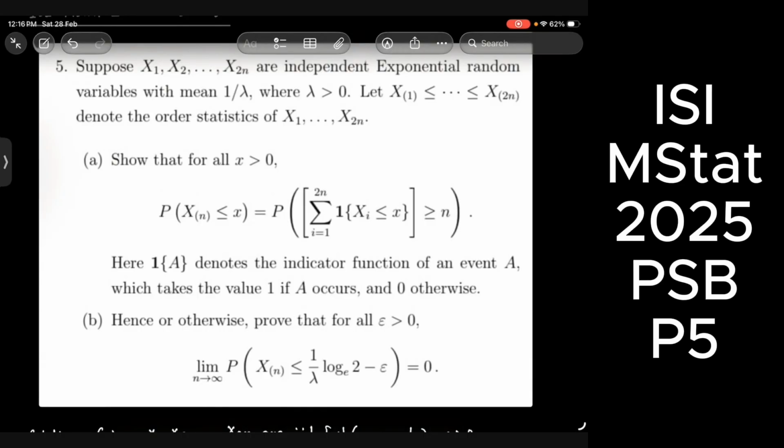Okay, Shantanu? Yes, no. What are you saying? Actually, I don't know the CDF of the exponential. I was not asking you to derive the CDF, right? I am asking what is the meaning of x order n less than or equal to x.